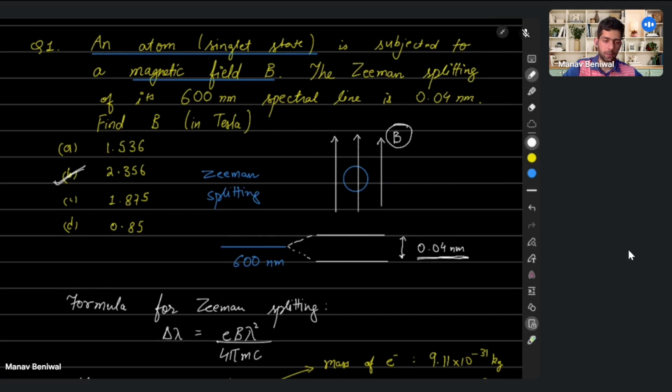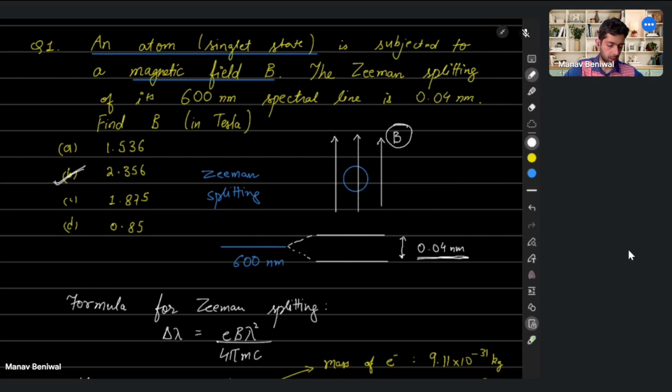The small magnets that we use in our homes, in the speakers or the common magnets, their magnetic field is of the order of oersteds, right? 1 oersted, 10 oersteds, like that, and 1 oersted is 10 to the power minus 4 Tesla. So this is like 2000 oersteds.